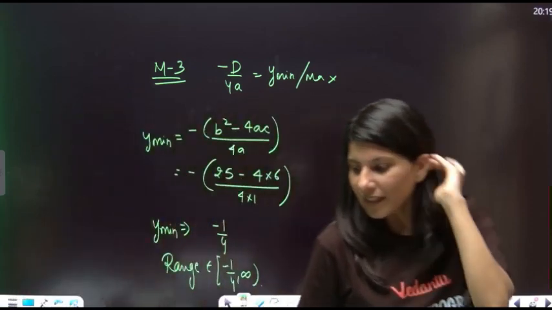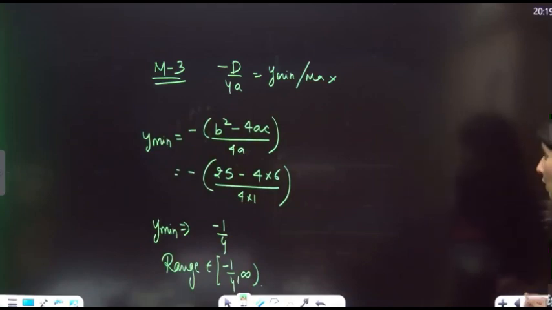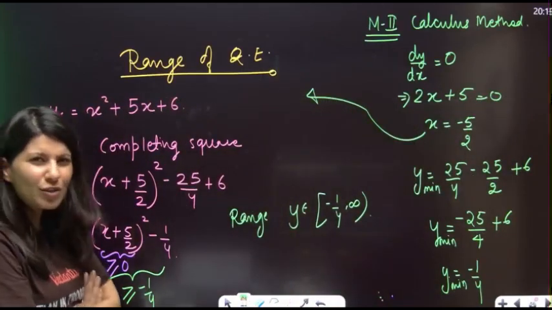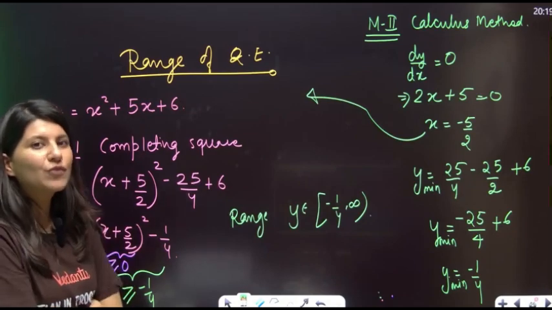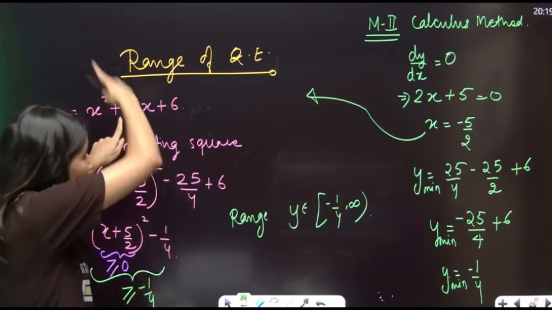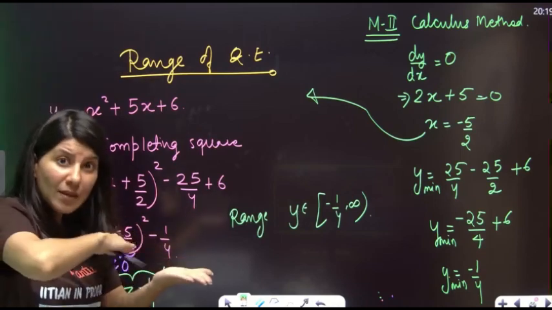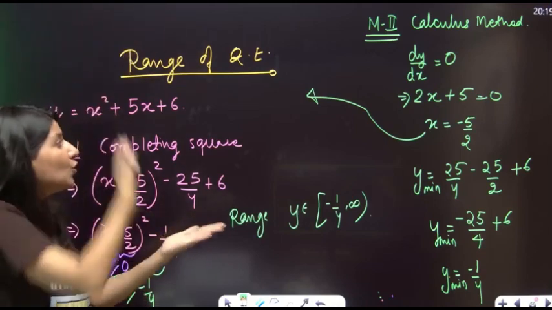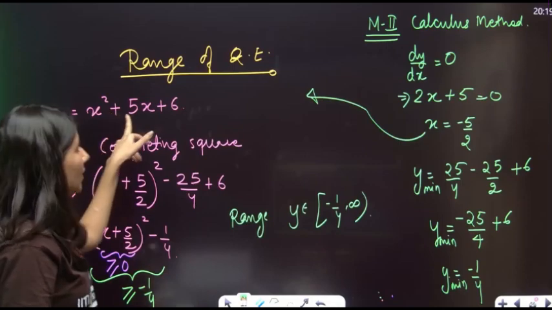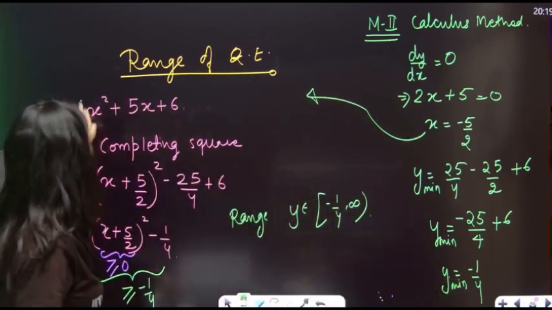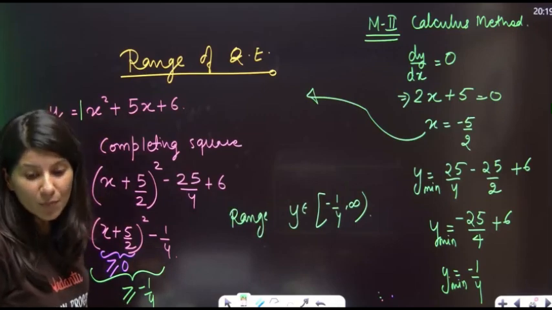Ibu is saying double differentiate is positive, minimum. No, Ibu, if it is a quadratic equation, can you not judge? I have told you the graph of quadratic equation. This will be an upward facing parabola which will go up to infinity. So there will be a minimum value to infinity. So you know that if you do calculus method, you are going to get minimum value because of upward facing parabola, because of the leading coefficient positive.